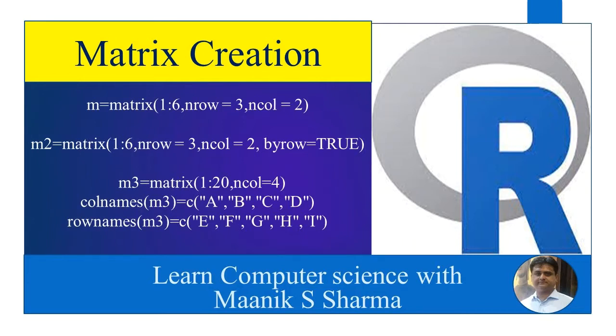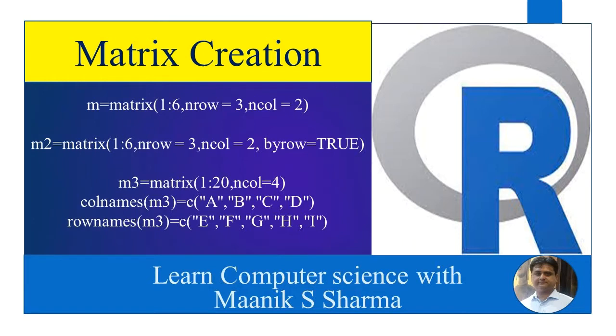For this, we need to use colnames(name of the matrix) equal to c function. So in the c function you need to give the names of the columns that you want to set for your dimension. Likewise, for the rows we will use rownames(M3), that is the name of the matrix, equal to c function, and then we need to write the names for the rows.